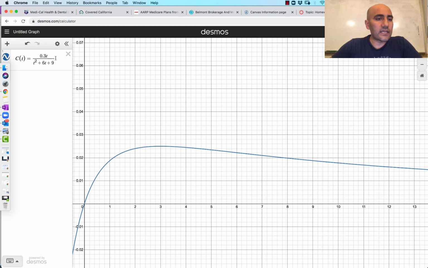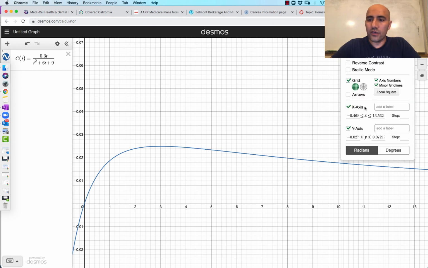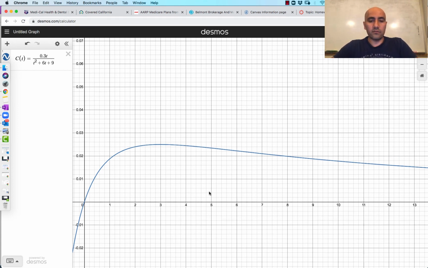Looking at Desmos, I typed in my equation here, and then I changed the dimensions from approximately a small negative number to a little bit past 12. We wanted to go from 0 to 12, so I went a little to the left of 0 and a little to the right of 12. Then I adjusted the y-axis outputs as well. Notice that they're very small decimal values, so I played around with it until I got something that looked decent.